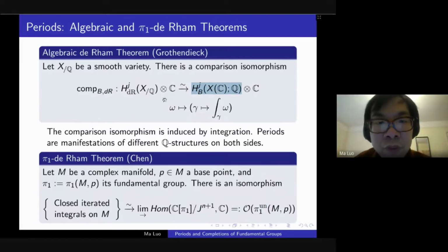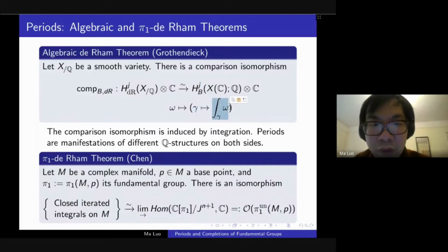And what you do is, if you have a closed j-form on X, and if you have a j-dimensional topological cycle, you can integrate it, and then you get these periods in this comparison isomorphism. It's basically comparing the different Q-structures on both sides.